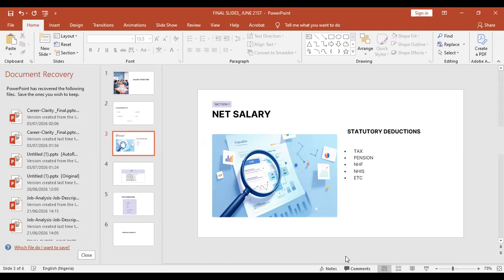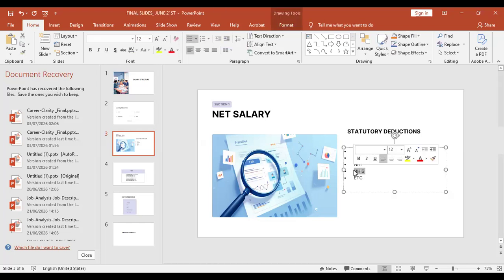Sometimes tax and pension. Other times we have tax, pension, NHF, NHIS, everything. Some organizations, the NHIS is strictly the employer's responsibility. In some organizations, it's a shared responsibility. The employee contributes parts, the employer contributes parts, just like pension. So these are the statutory deductions.